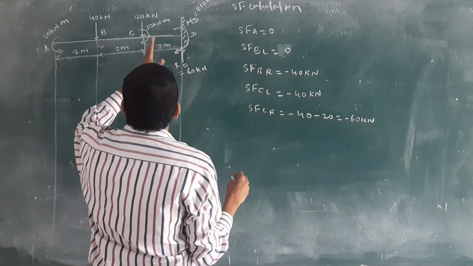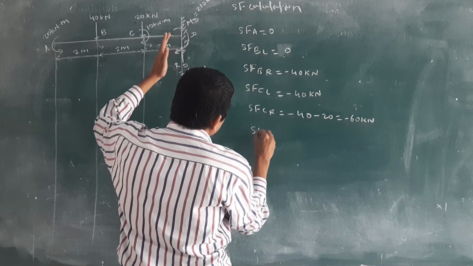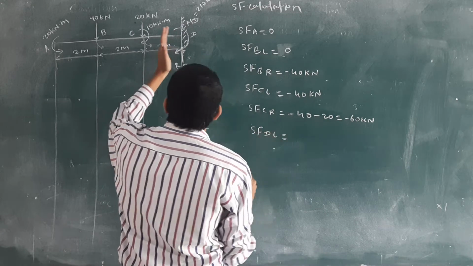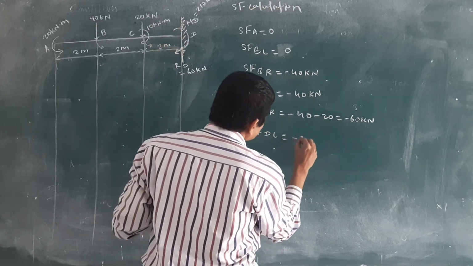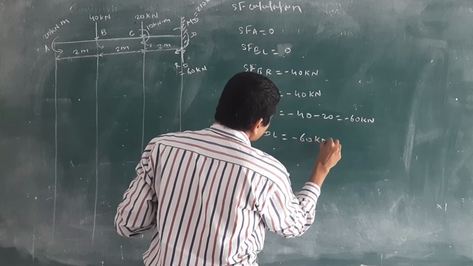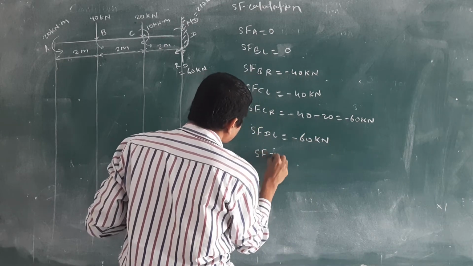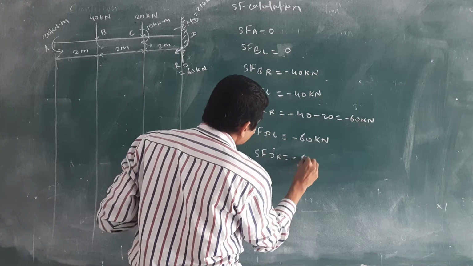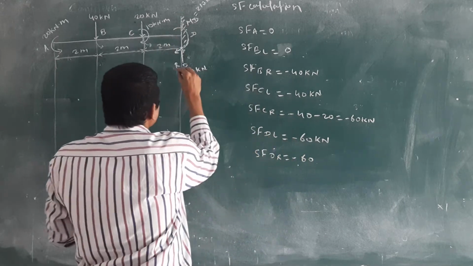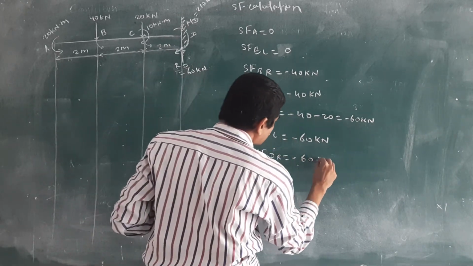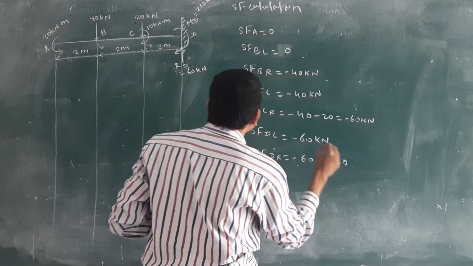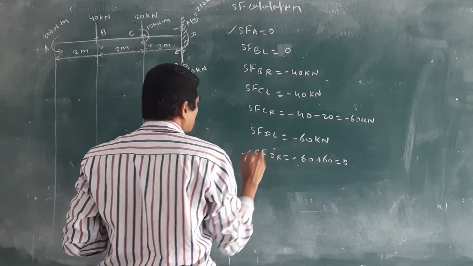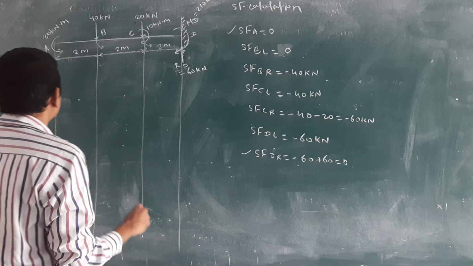Then the last point, except at D, just left side, again you will get the same minus 60 kilonewton. Just right side, this minus 60 and RD plus 60, you will get 0. That's why at the first and last points you will get 0.